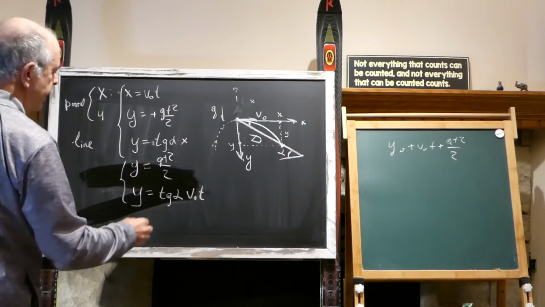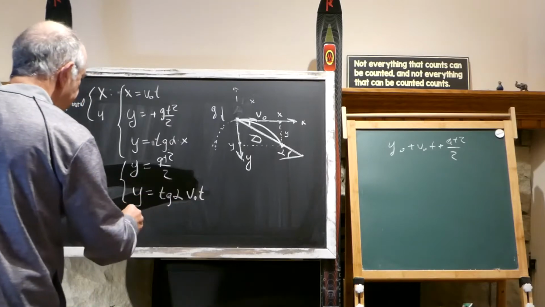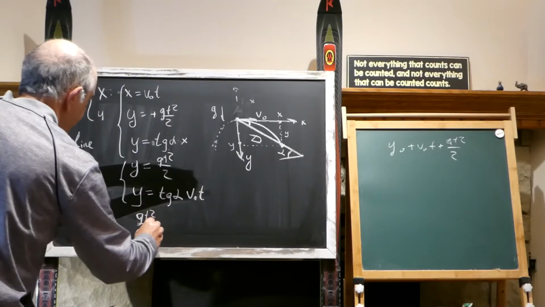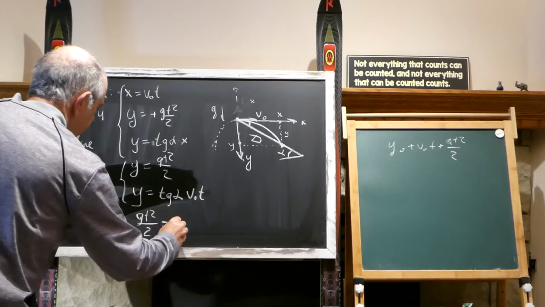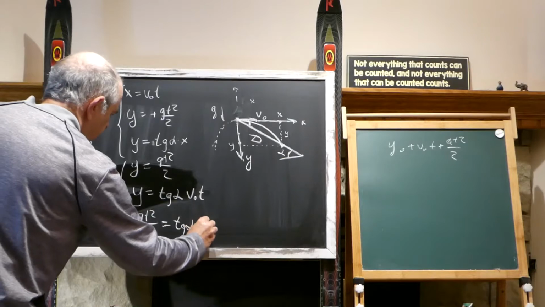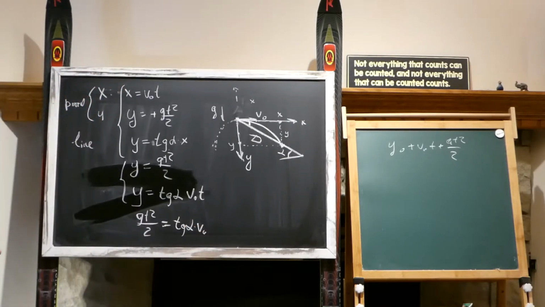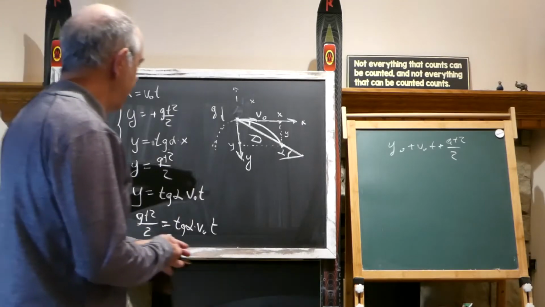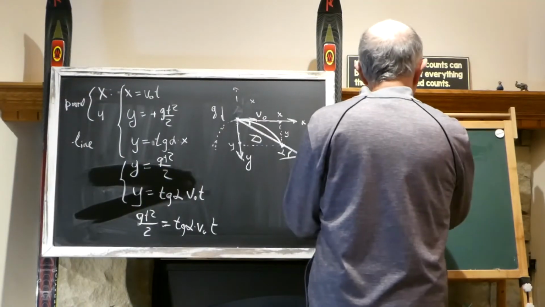I put this y here, and there would be no y, and I have gt squared over 2 equal tangent alpha v0 and t, of course. And let's say I move it all to one side.